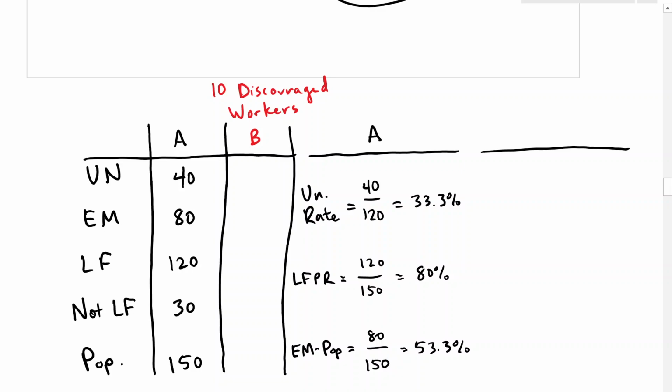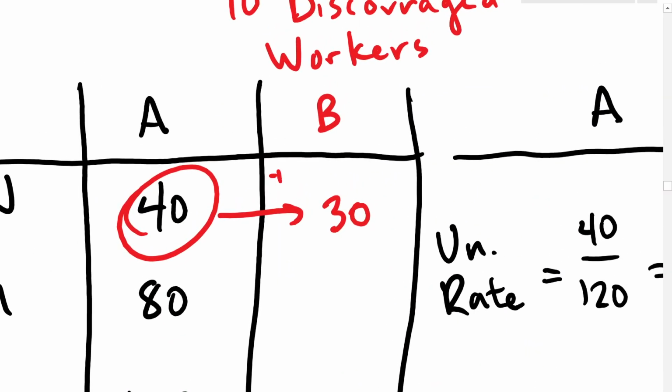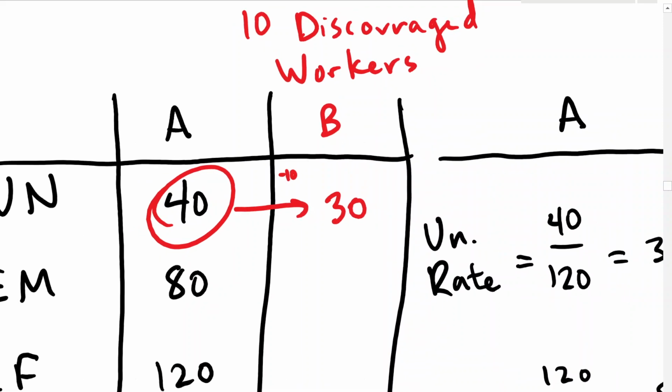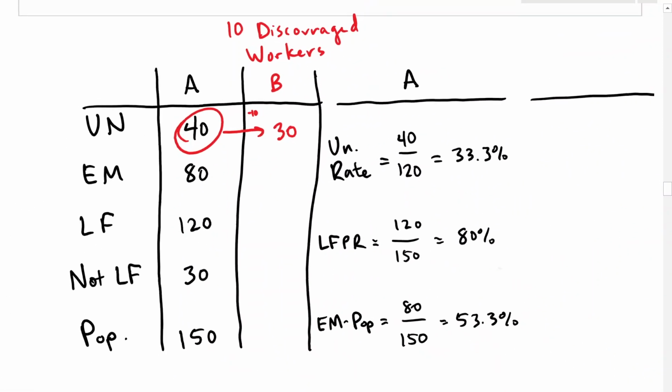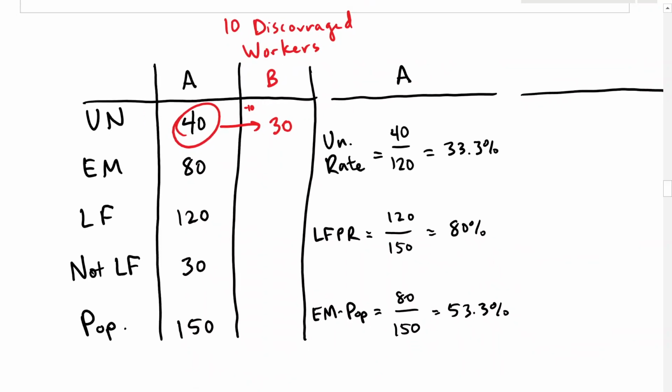So 10 people who were looking for work have dropped out. So we're down to 30, minus 10 discouraged workers. So we've moved from 40 people who were looking for work to 30; they stopped.